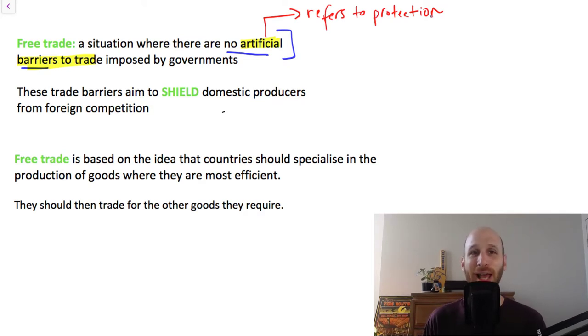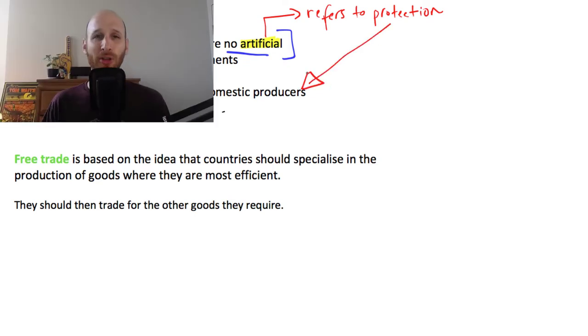Now, if we're looking at protection, the goal of protection is to shield or protect domestic producers from foreign competition. And this goal is really opposite or contrary to the goals of free trade.